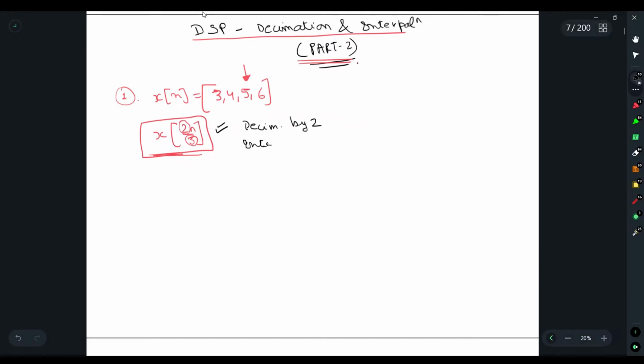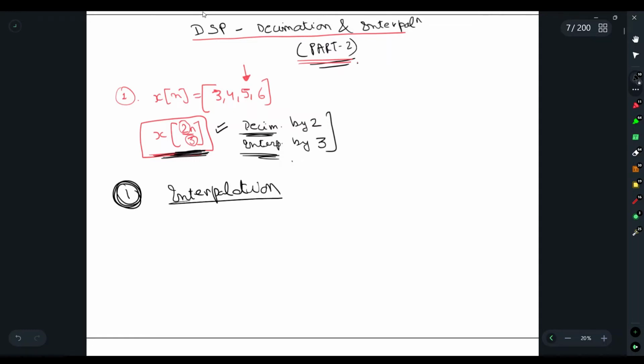So now the question arises: what should we perform first, decimation or interpolation? Now I'm going to discuss a concept. Please write it down. This concept is very important. Whenever you are given a question, irrespective of whether you have to find decimation, interpolation or anything, the first step should be to perform interpolation, no matter what.